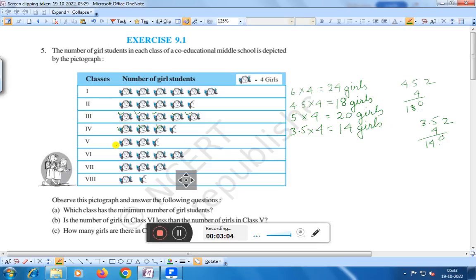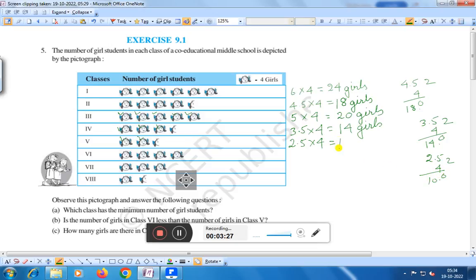Right? Now in class 5, how many students are there? It is 1, 2, and a half, that is 2.5. Each picture represents 4 girls, therefore we multiply by 4, that is 2.5 into 4. 4 twos are 8, 9, 10.